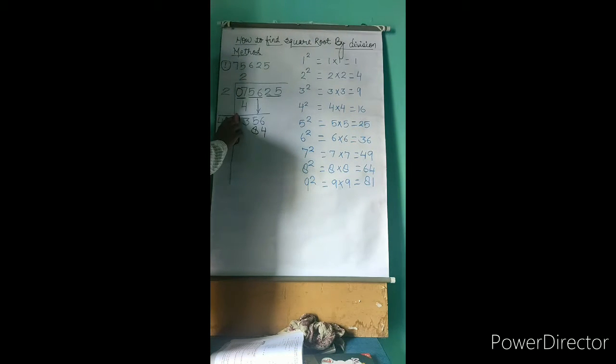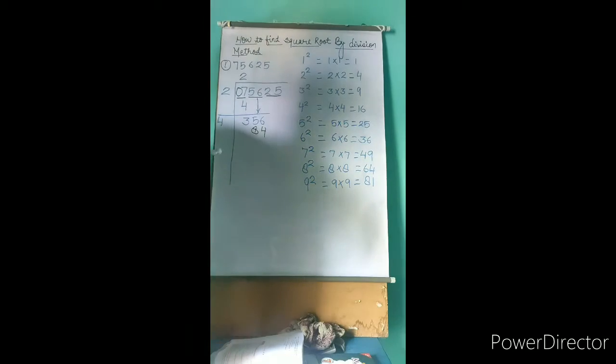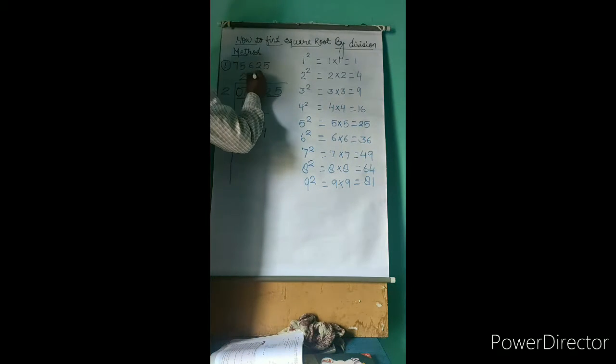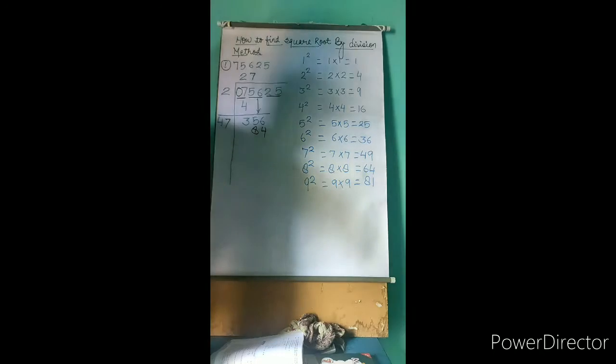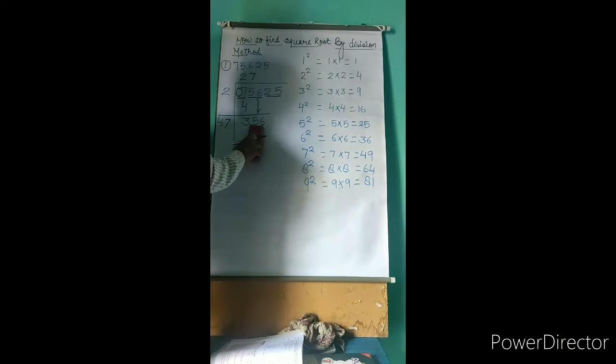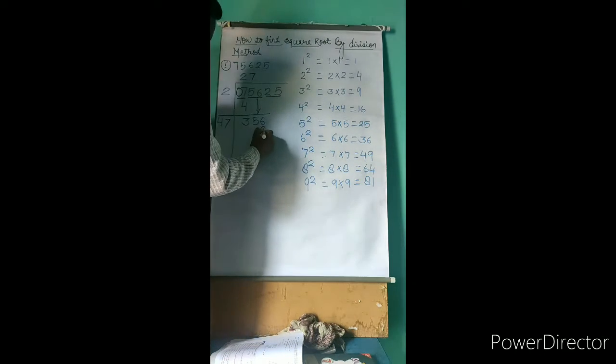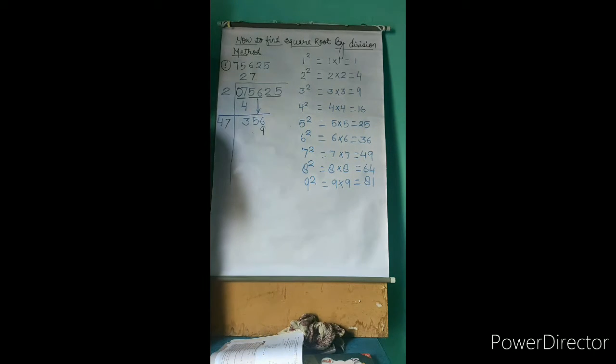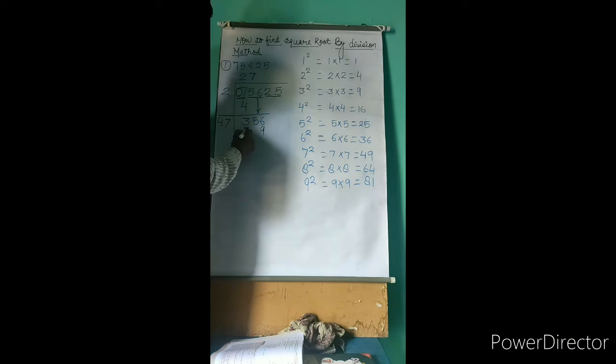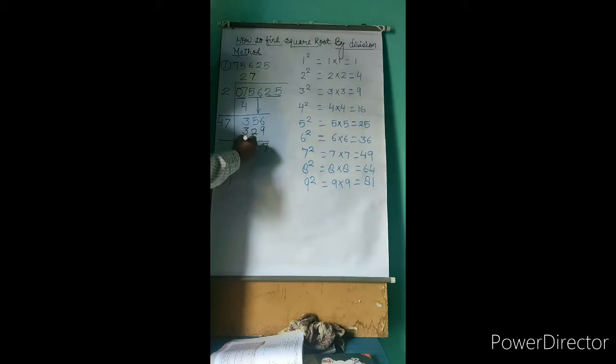Let's see, we write here 7. 7 7s are 49. Here you write 9. 7 4s are 28 plus 4, 32. So here 16 minus 9, 7 here, left 4, 4 minus 2, 27 left.